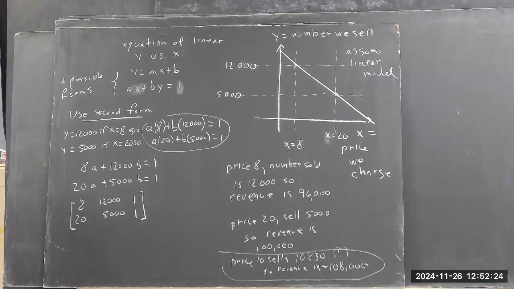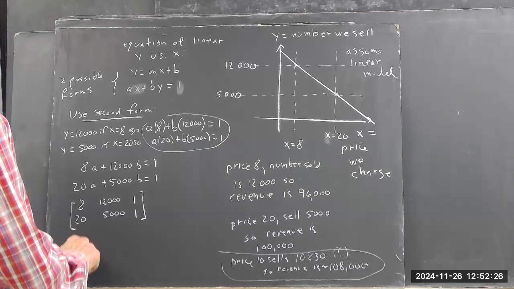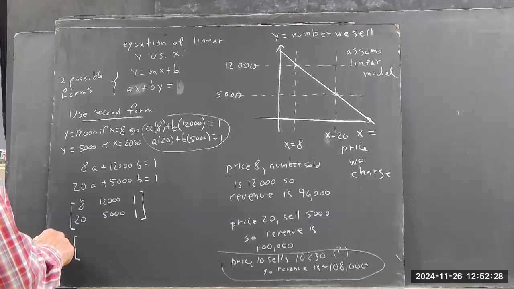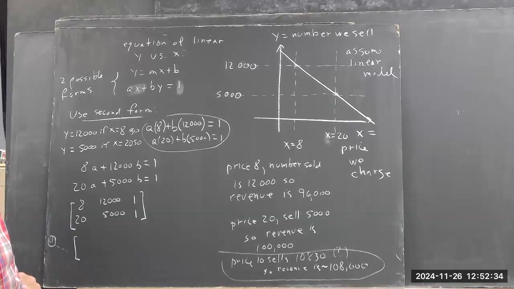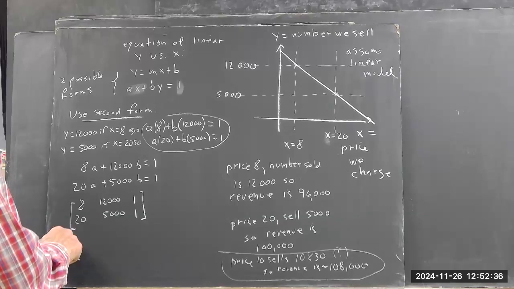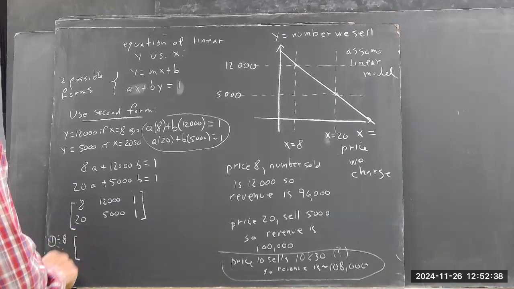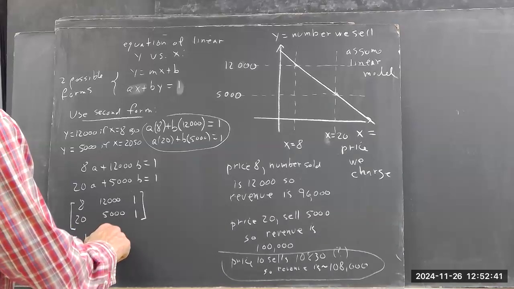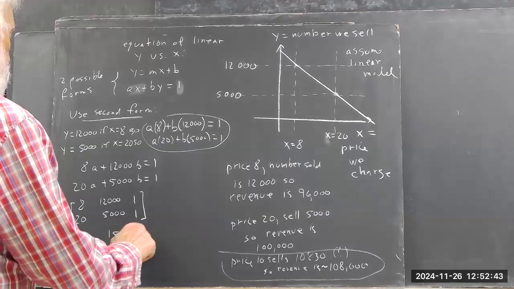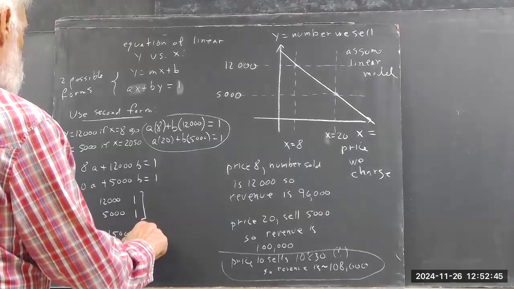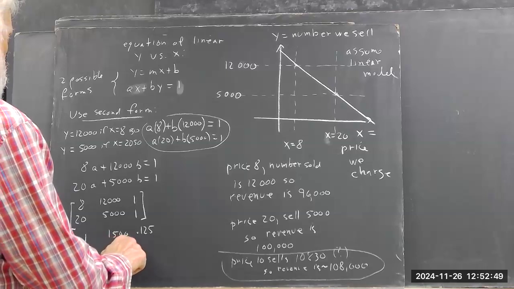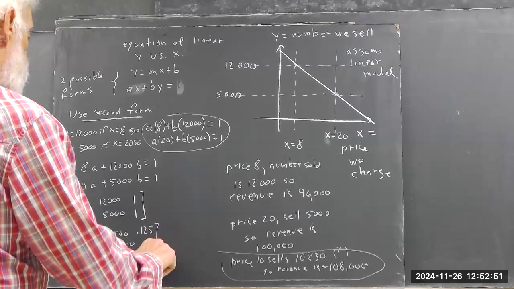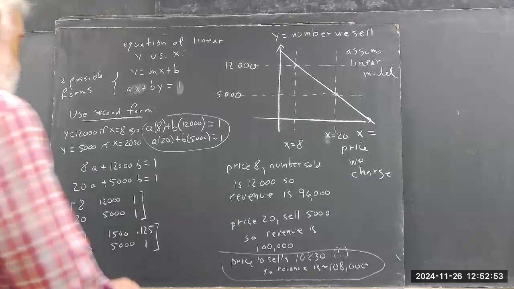We do equation 1 divided by 8, and we get 1, 1500, 0.125.